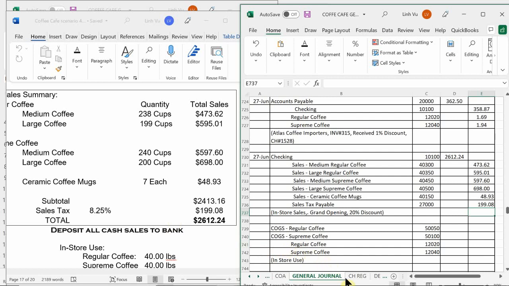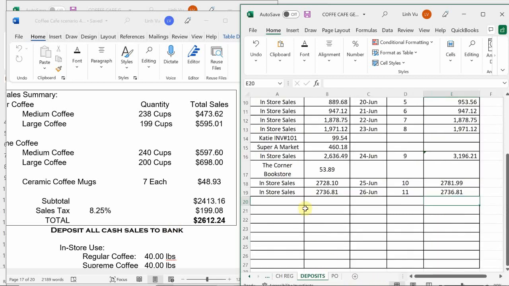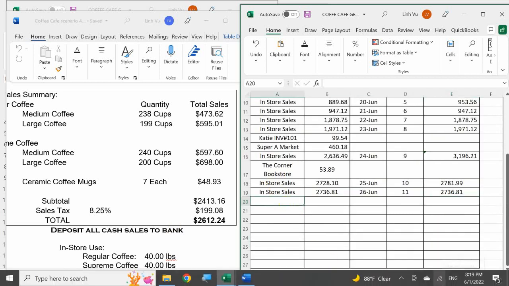First thing I'm going to do is make a deposit into my bank account, because today is the 27th, for 26/12/24, for June 27th. This was my 12th deposit for that same amount.